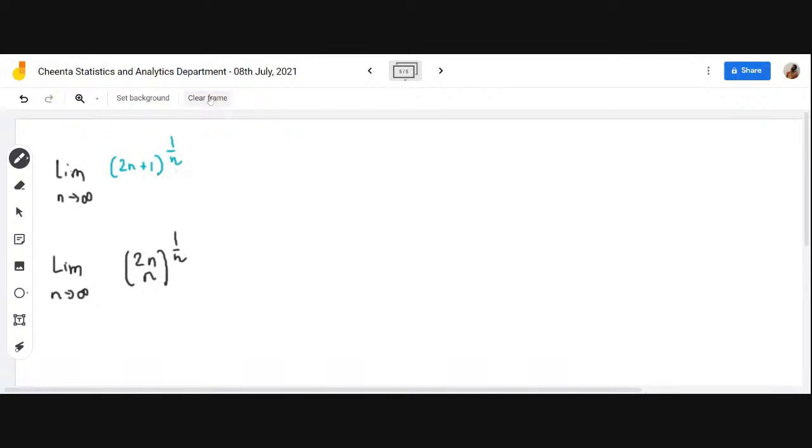So how do you find this kind of limit? First one, how do you find the first limit? Any ideas? It's of the form infinity to the power 0. So how do you deal with this? I've given you a chart, right, on how to deal with this usually.